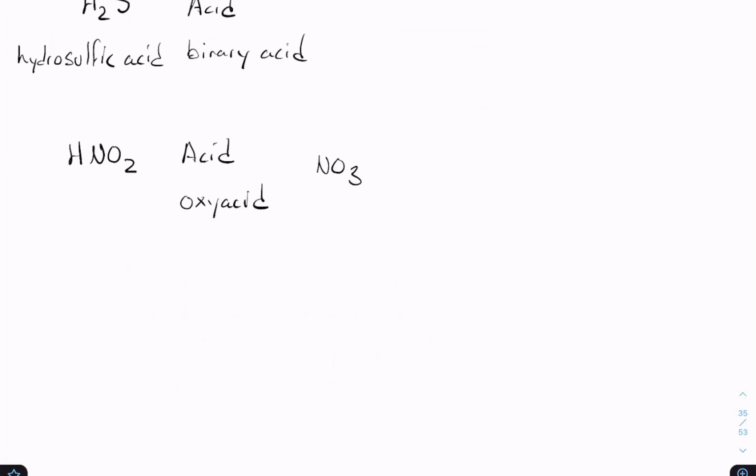The base form of the oxyacid formed from nitrogen is nitrate, which is NO3 minus. And then our compound only has 2 oxygens. So it's nitrite. NO2 minus is nitrite.